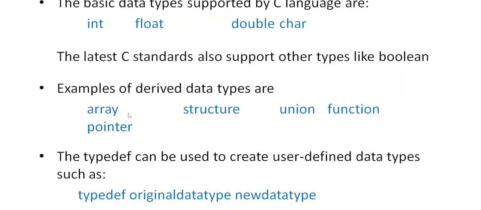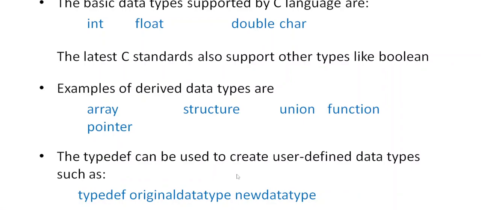So they are to be of the same data type, but you have what is called a collection. Similarly, you can have the definitions of structure, union, function, pointer, etc. We'll discuss them at the appropriate point, but they are the derived data types.